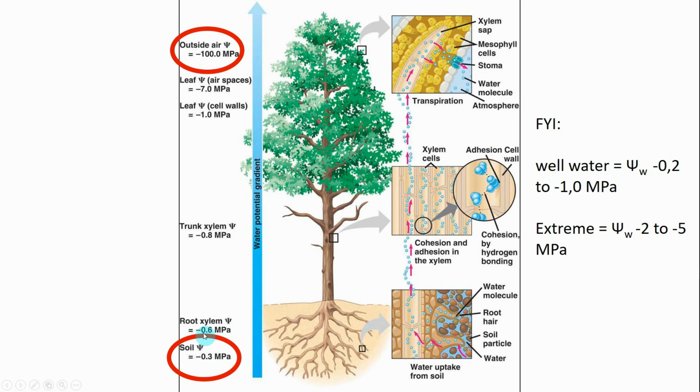This root xylem is sitting at negative 0.6. And as you go up, until you eventually reach the outside, which is minus 100. So you've got this idea of water wanting to move from a state of less negative to more negative, from a high water concentration to a low water concentration. Because of this movement, we're going to get water moving from the bottom to the top.